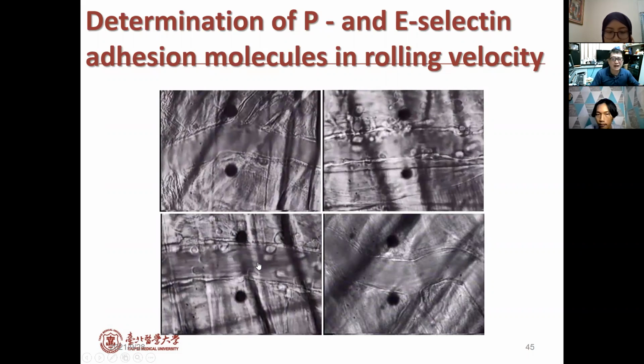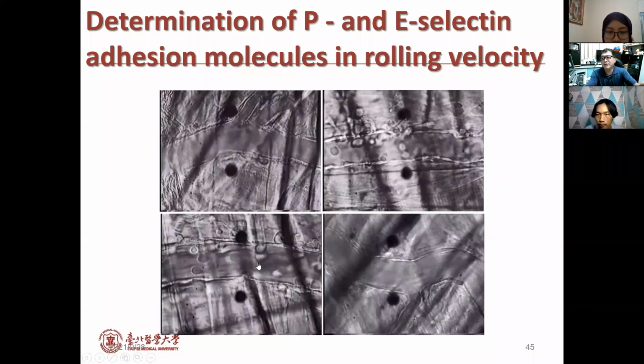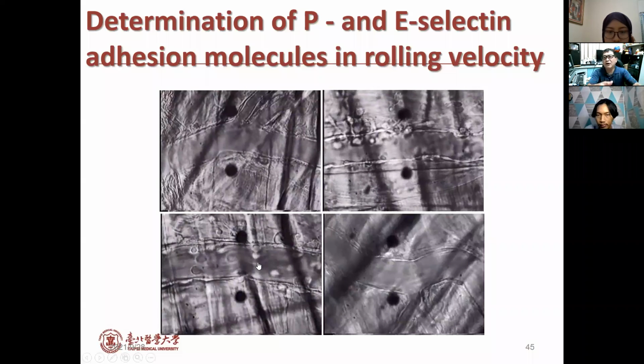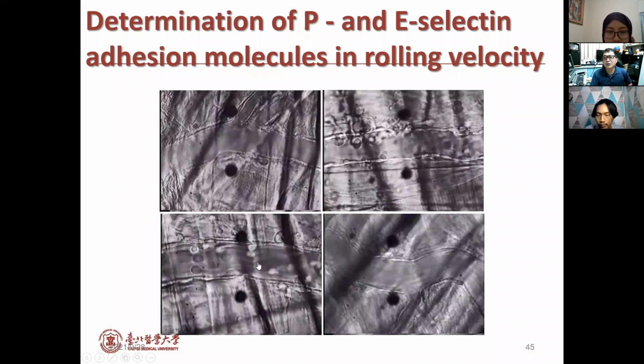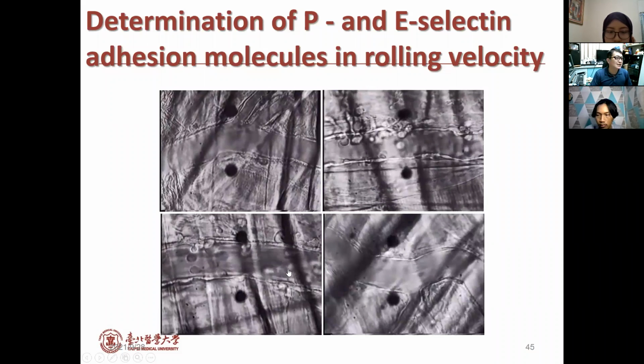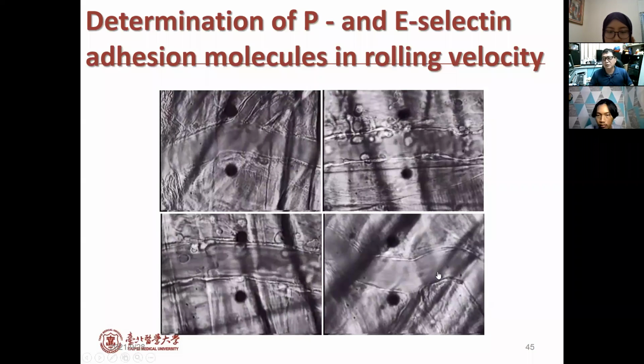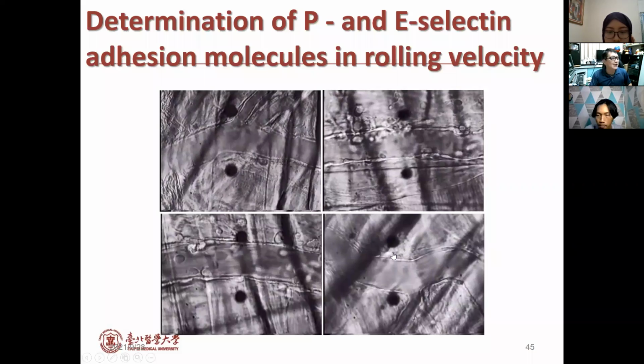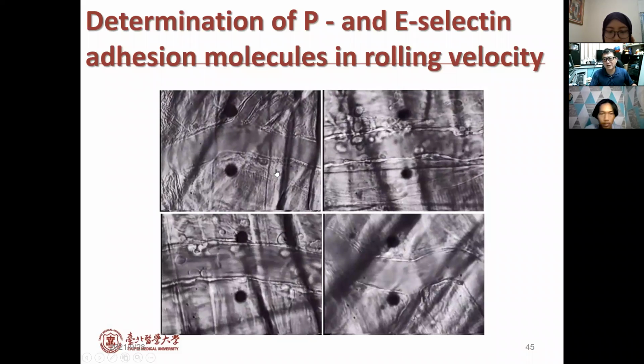Then eventually they turn to firm adhesion, find the target site, and migrate into the tissue to do the cleanup job. If you knock out P-selectin and E-selectin, you see no activation of neutrophils or monocytes. It's clean, like a good surgeon after surgery.